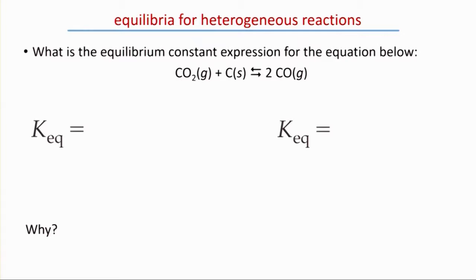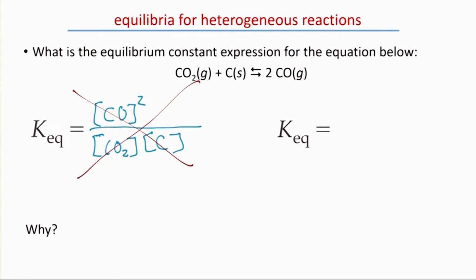So this is CO squared, with our balanced equation, divided by CO2 and C.